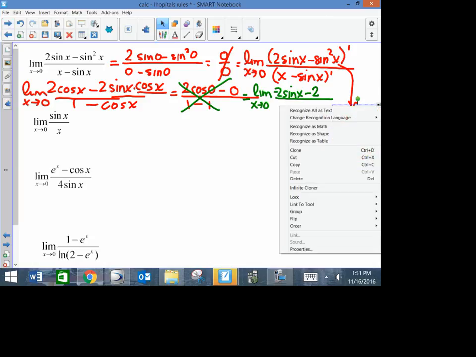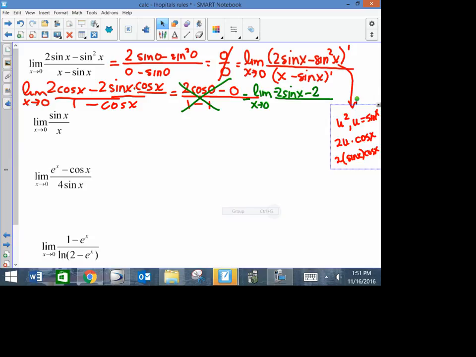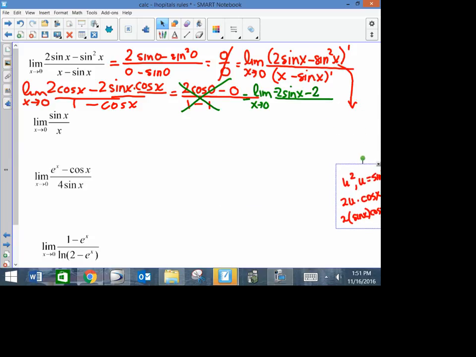2 cosine squared x minus 2 sine squared x. Oh, wait, sorry, 2 cosine squared. I'm just going to put it in the product rule right now and not worry about cleaning up.